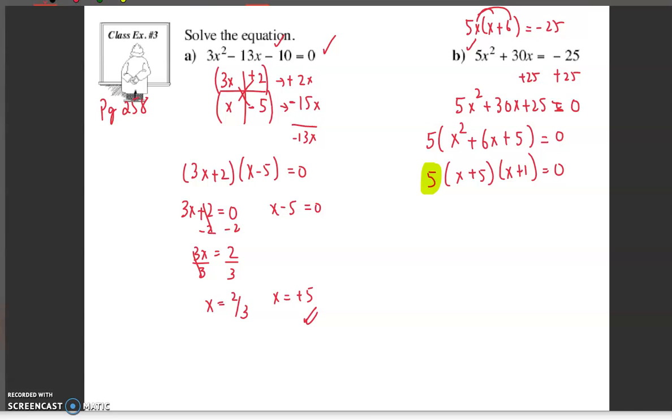So there's nothing to solve, no x to solve for. So we only will focus on these two. You can't say 5 equals 0. That's just the wrong thing to say because 5 is 5. It's not equal to 0. So only focus on the factors which have an x to solve for. So x would be negative 5 and x will be negative 1. So those are my two answers for this.